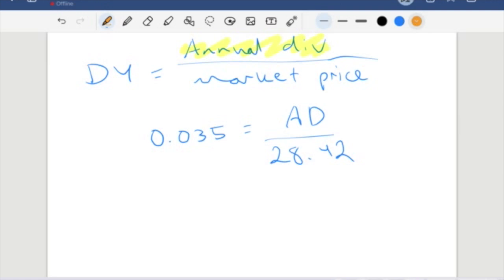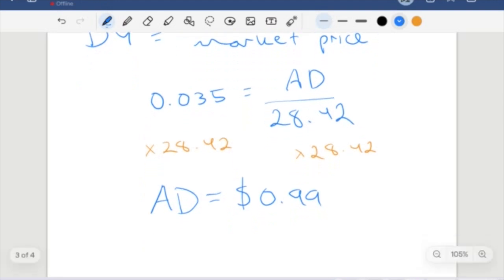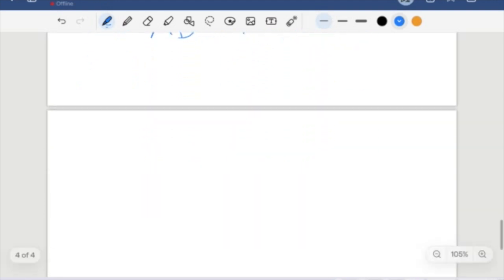So it becomes a simple one-step equation. To get this 28.42 away, we can multiply it over on both sides. And that means that our annual dividend, the thing we get every year, given the share price doesn't change, obviously, there's a lot of movement when it comes to the stock market and these prices, is going to give us 0.035 times this $28.42, which gives us 0.99, or 99 cents.